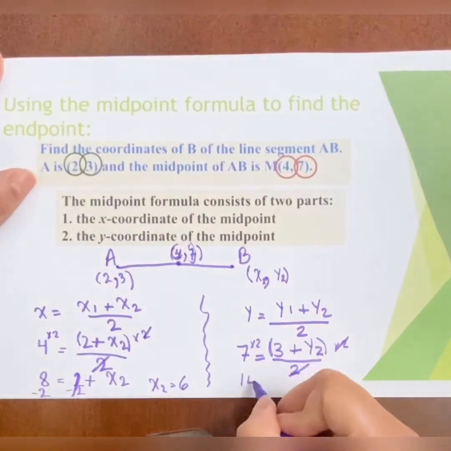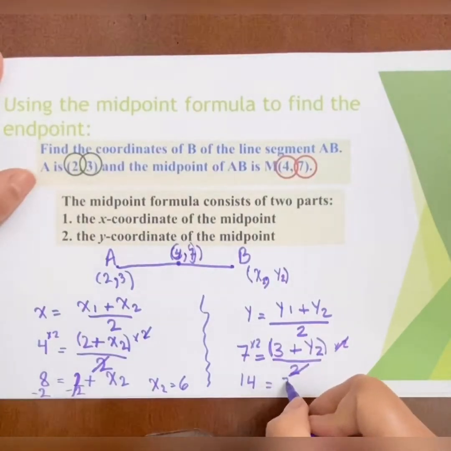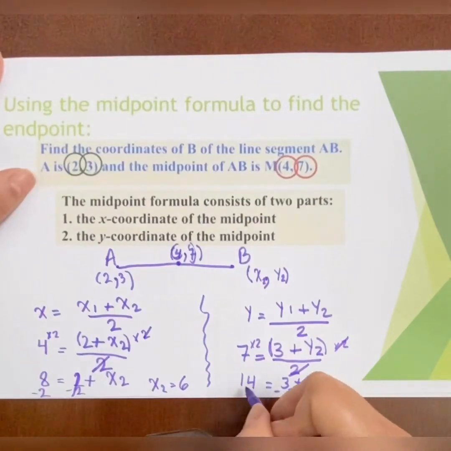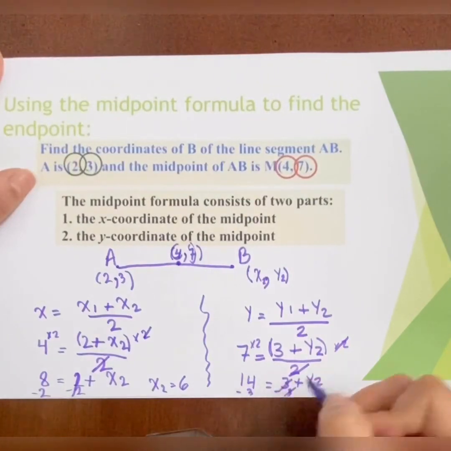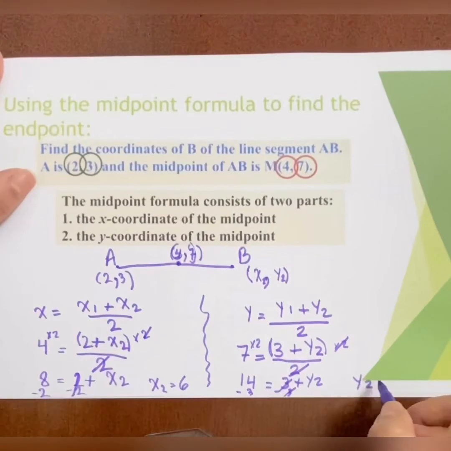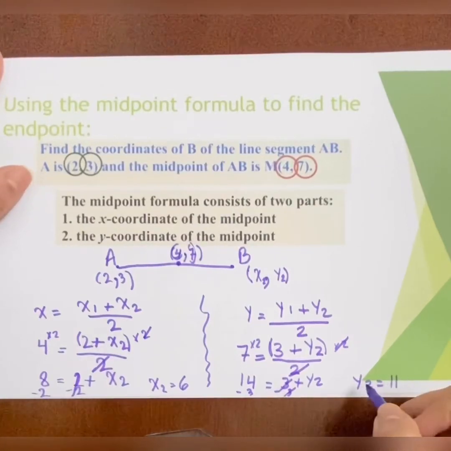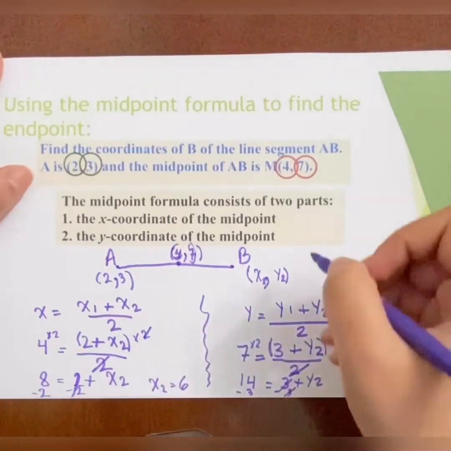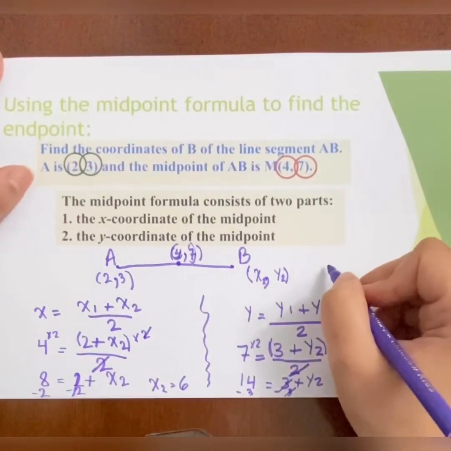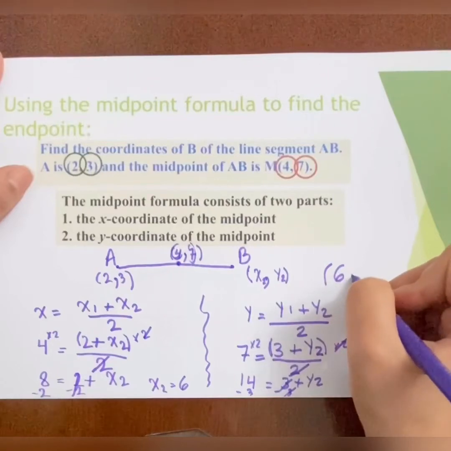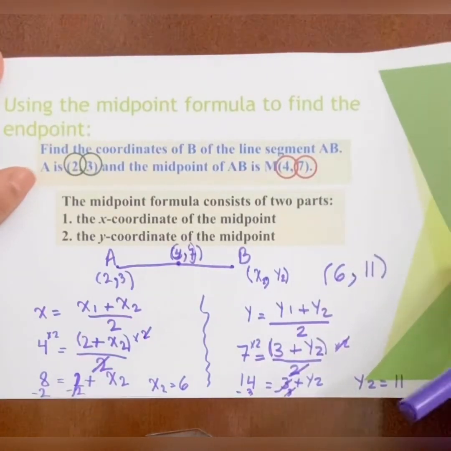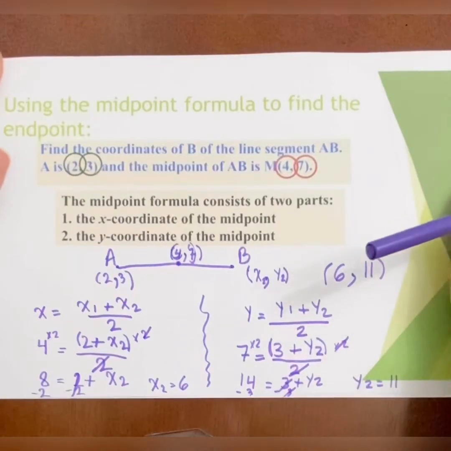So 14 equals 3 plus y2. Minus 3, minus 3. So y2 equals 11. Now I have the coordinates for the other endpoint. I know them now. They're 6, 11. This is how we find the endpoint.